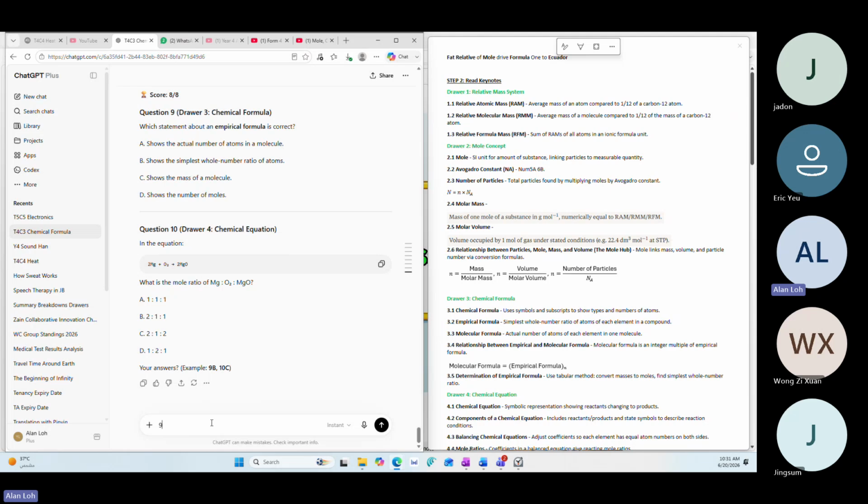Jaden. Everyone is quite active. Jaden is also active, but just a bit less active than the rest.